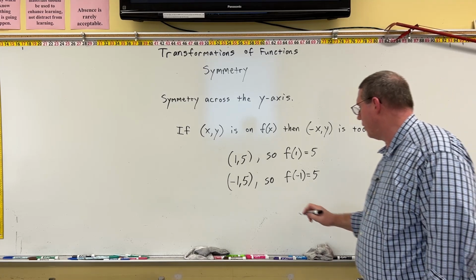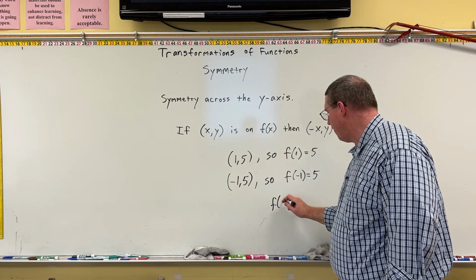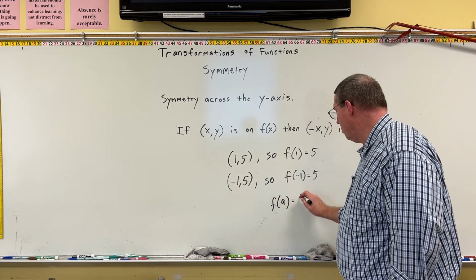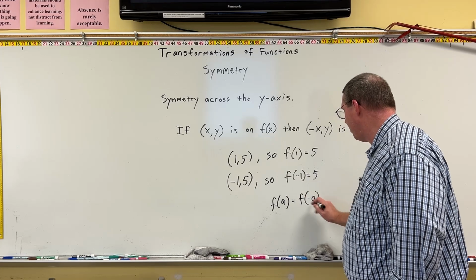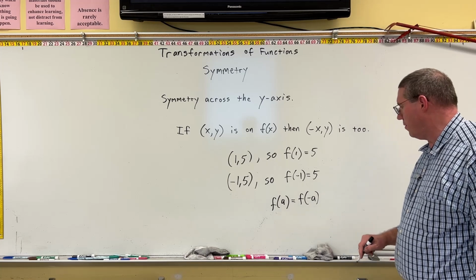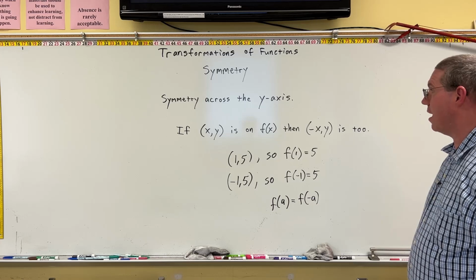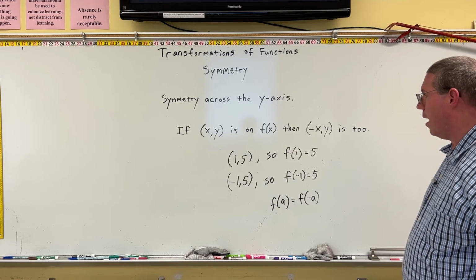Another way of thinking about this is that f(a) is equal to f(-a). They're the same value, and so this is a very useful way of understanding symmetry across the y-axis.